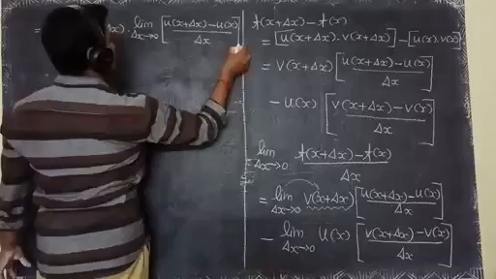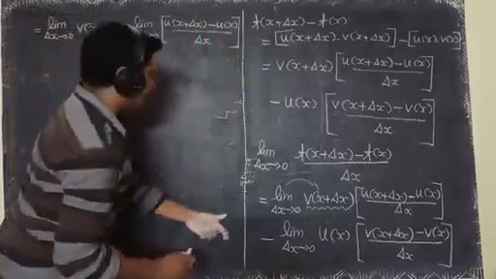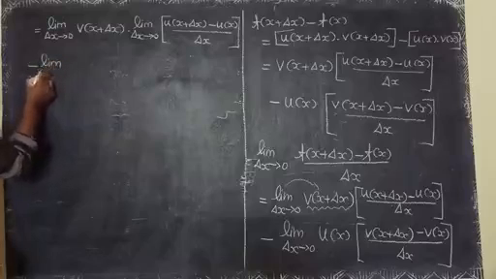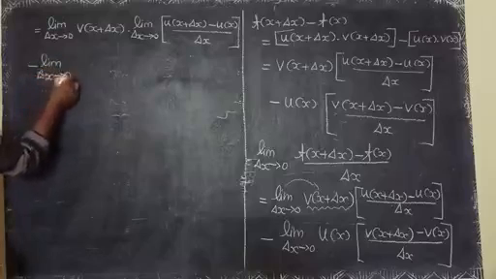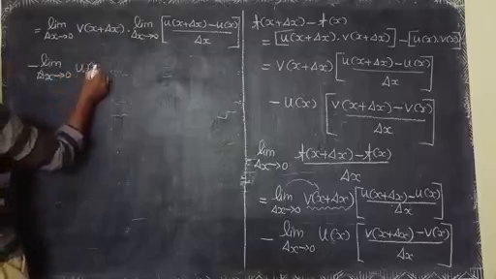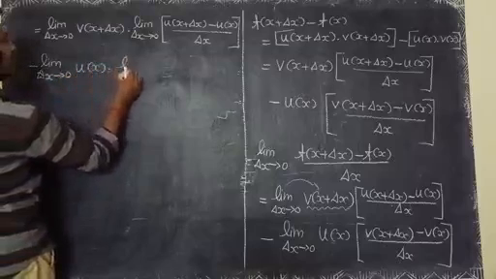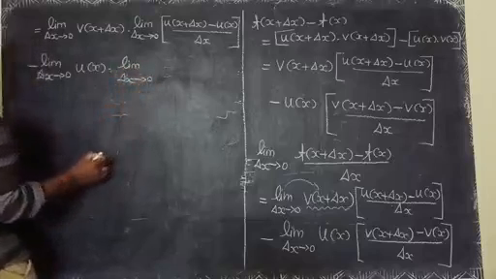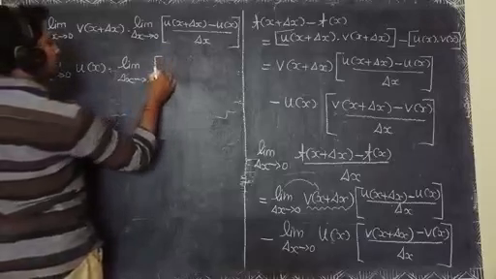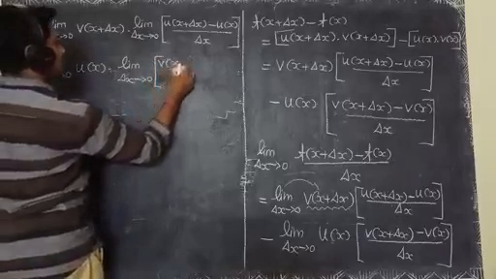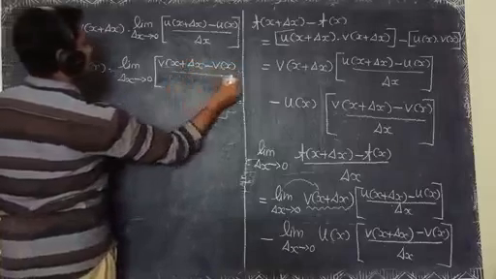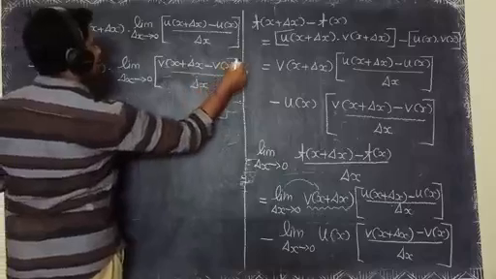This is the first term. In the second term, minus the limit as del x approaches 0 of u of x, multiplied by the limit as del x approaches 0 of v of x plus del x minus v of x, divided by del x.